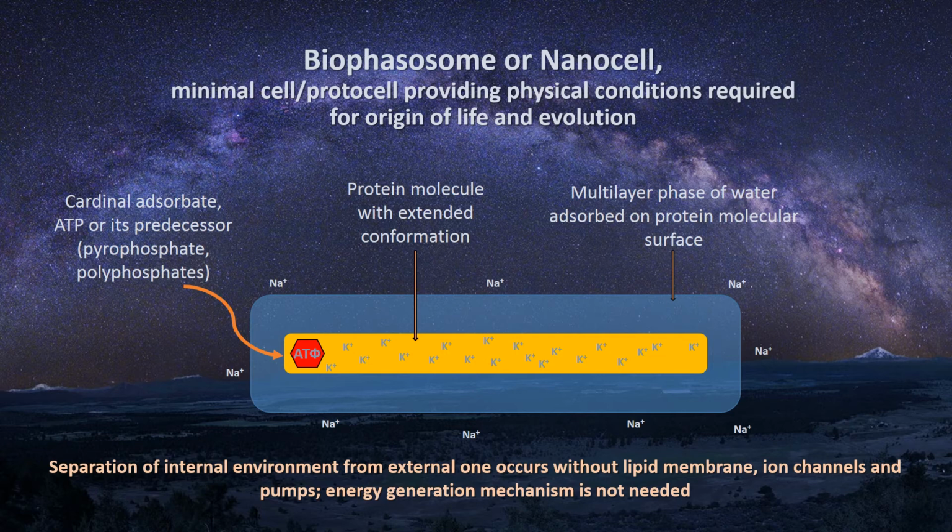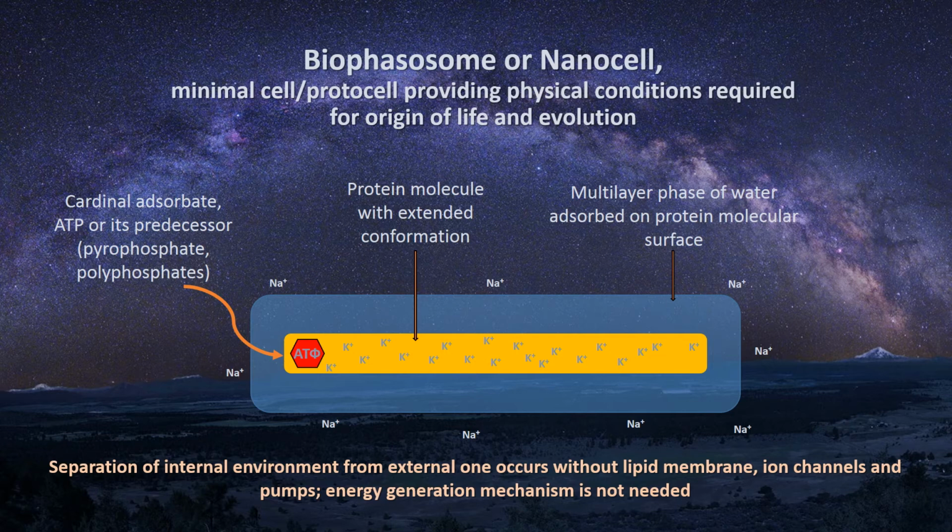However, the important feature of the Biophasosome is that it does not require a continuous supply of energy to support its native structure. The nanocell can keep its phase state as long as a cardinal adsorbate is bound by the polypeptide. For example, Fox's microspheres are remarkably stable in a wide range of environmental conditions.